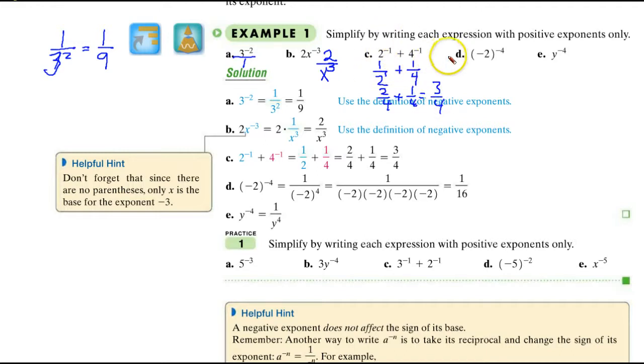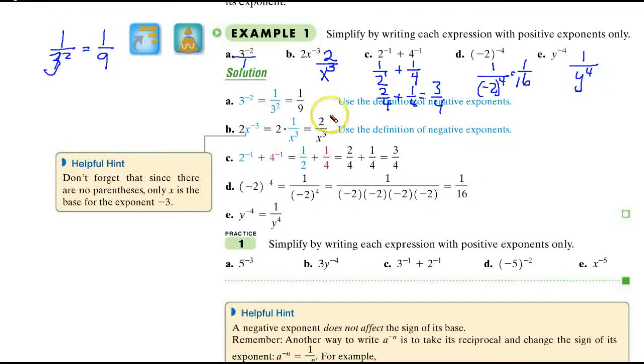So that was a little tricky too. Again, everything comes down, 1 over -2 to the 4th. That's 1 over, and then since it's an even number exponent, this will become a positive 16. And then this just is 1 over y to the 4th.